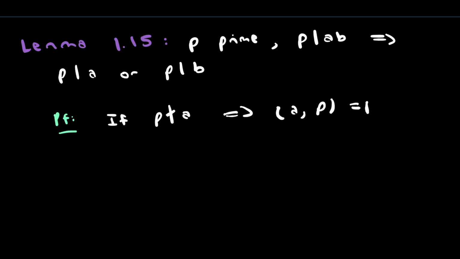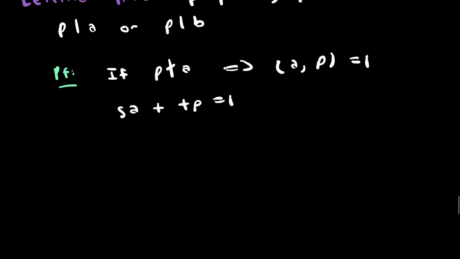So if P and A are co-prime, by corollary 1.10, there exist S and T with SA plus TP equals 1, right? And if we multiply through by B, you'll have this expression.